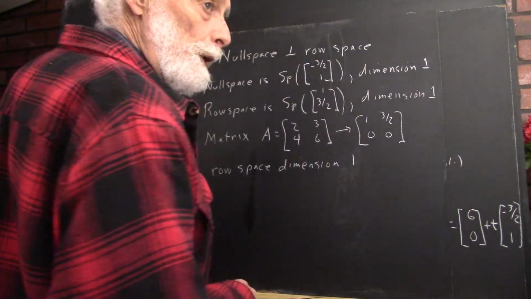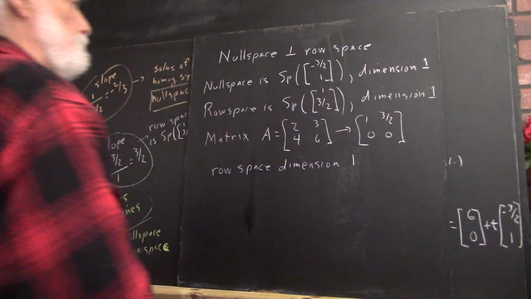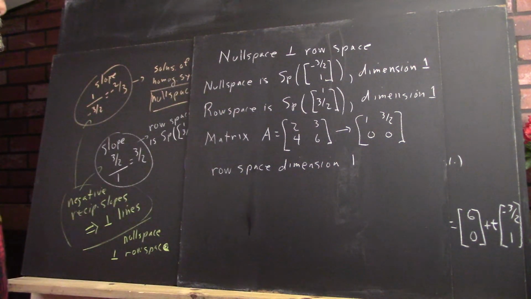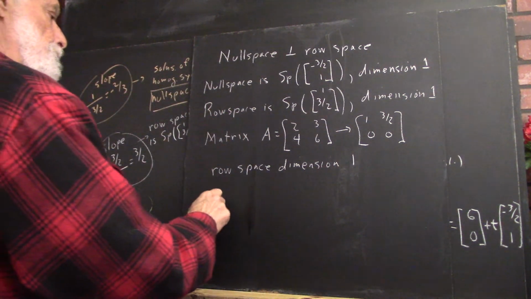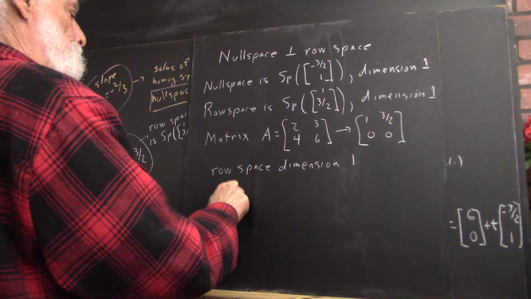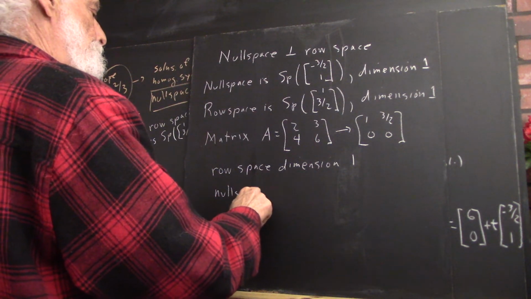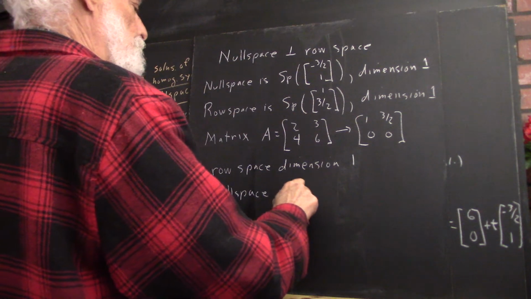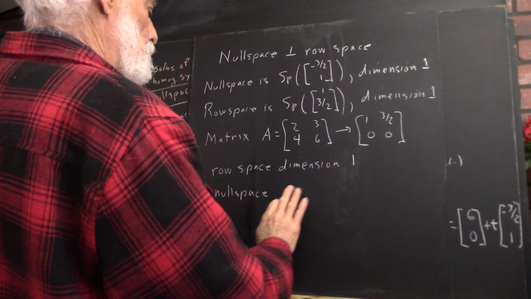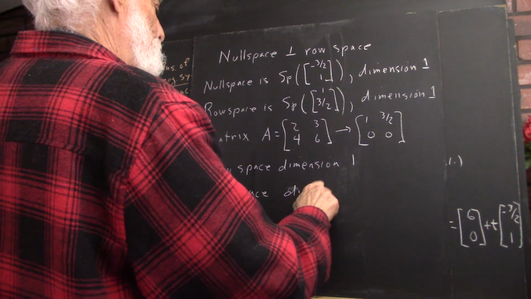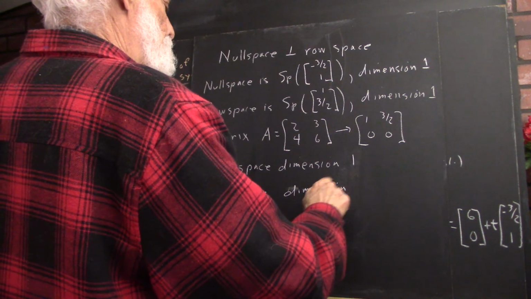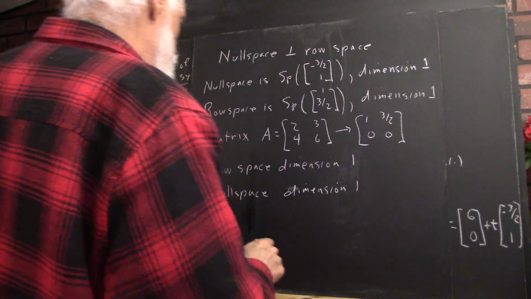Row space has dimension 1, and the null space has dimension 1.